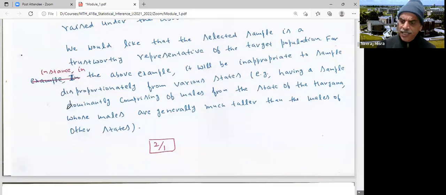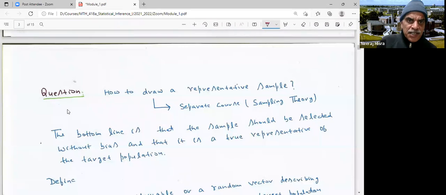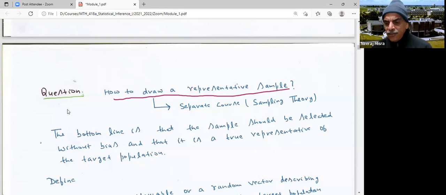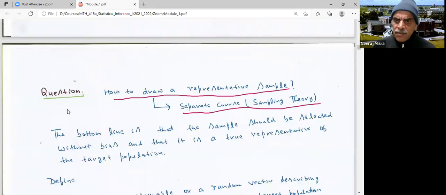Now, a big question is how to draw a representative sample. There are various sampling schemes through which you can draw a representative sample depending on the circumstances at hand. And there is a separate course on sampling theory, which you might have already done. In that course, you learn about the various ways in which you can draw a representative sample.